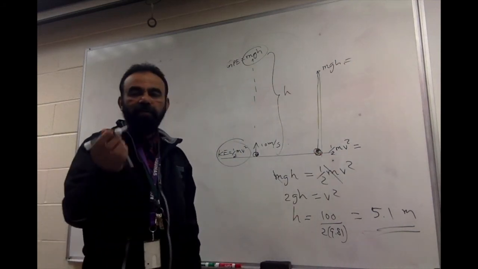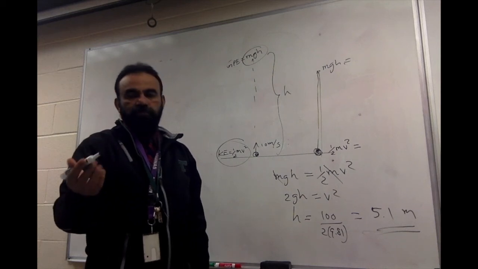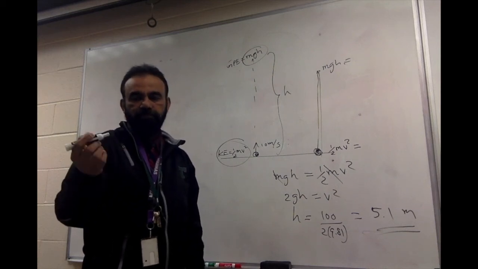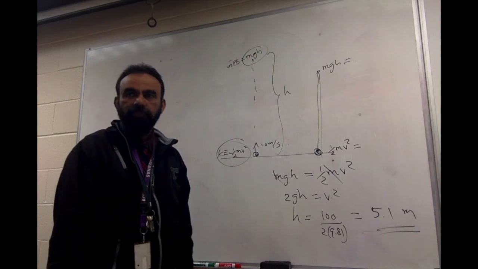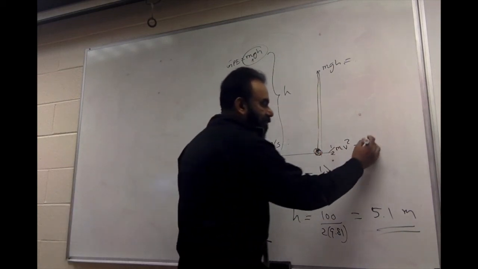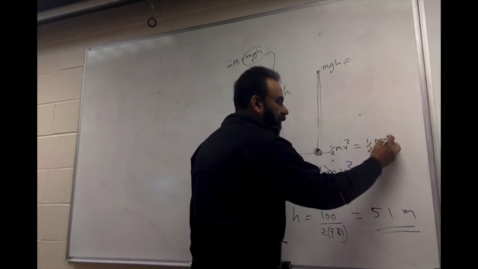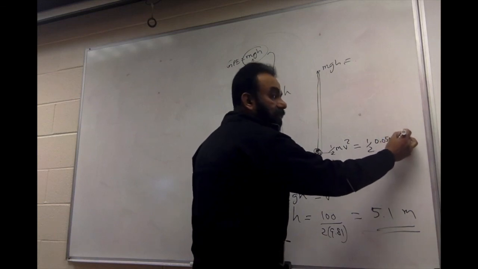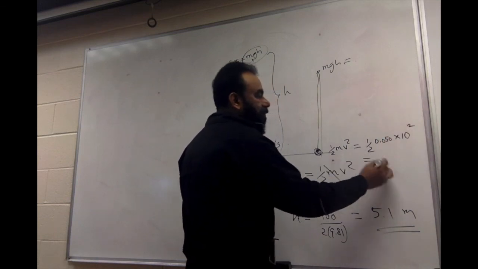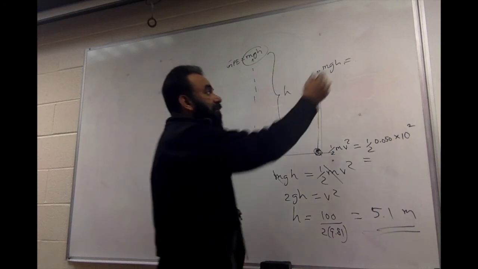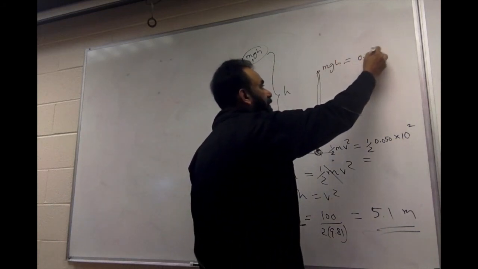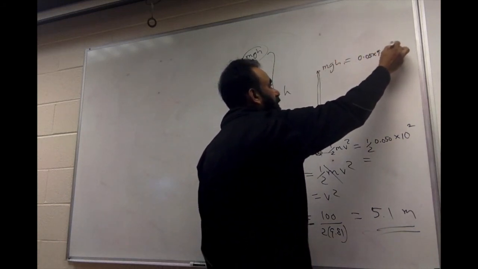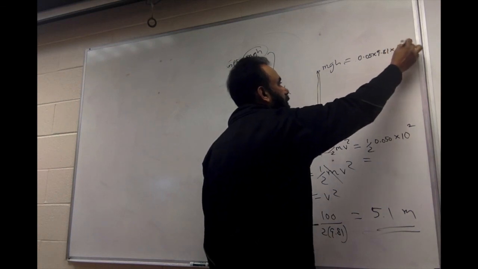Let's say the marker weighs 50 grams. Half times 0.05 times 10 squared is the kinetic energy I gave here. How much is the potential energy? 0.05 times 9.81 times 3 meters.